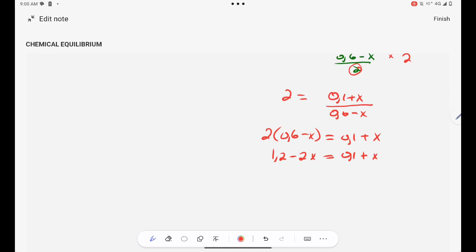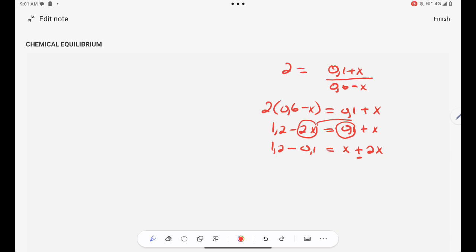What can I do? I can therefore group the like terms. I'll simply have 1.2 minus 0.1 is equal to x plus 2x. I've taken this to the other side, it became positive. I've taken 0.1 to the other side, it became negative. Okay. Then 1.2 minus 0.1, that's just 1.1, is equal to 3x.